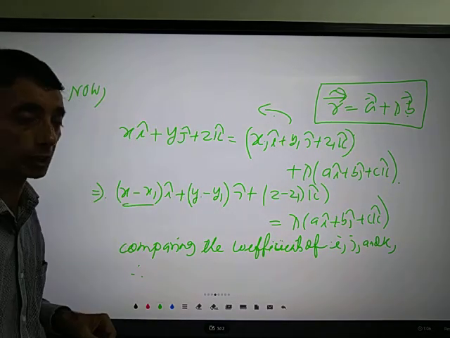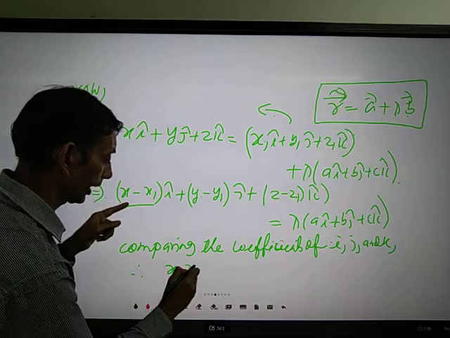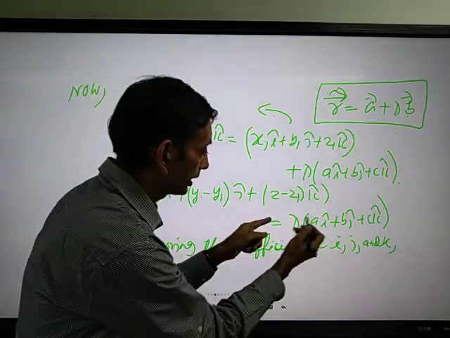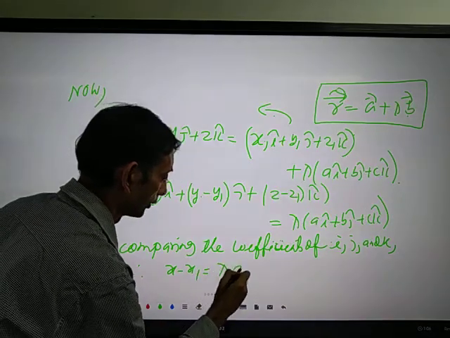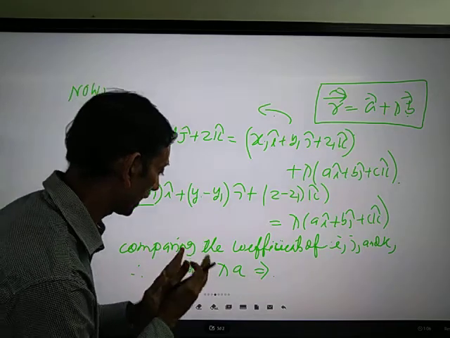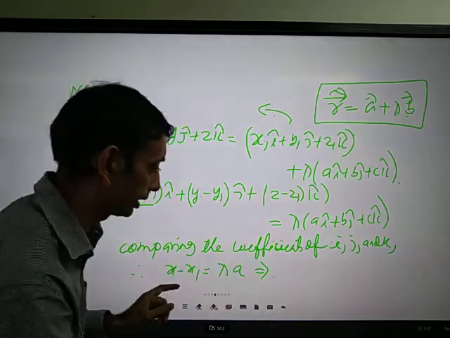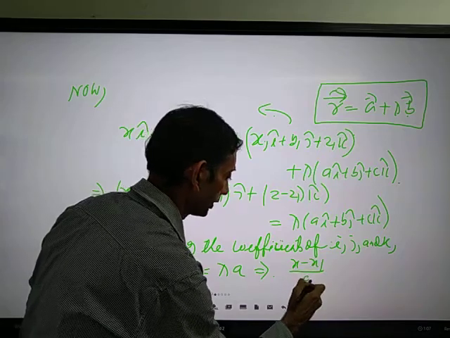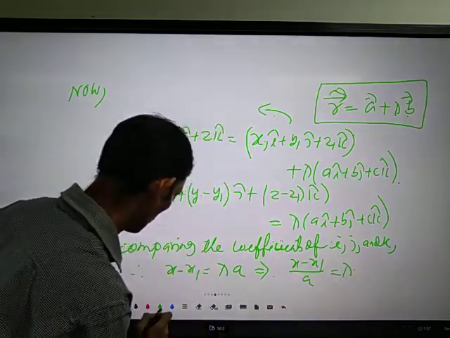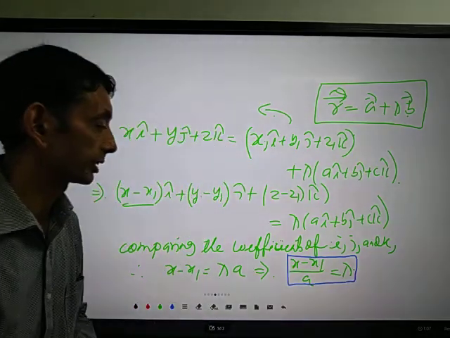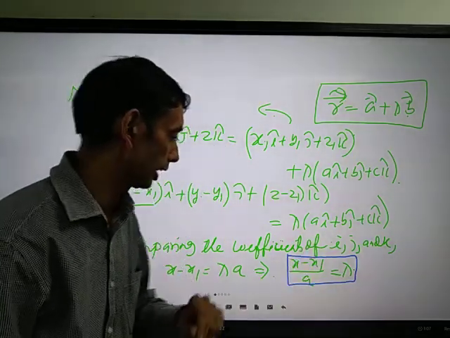If we compare the coefficient of i, we get x minus x1 is equal to the coefficient of i in the right hand side, which is lambda a. If we write this expression in terms of lambda, it gives us (x minus x1) upon a equal to lambda. So let us note this down: x minus x1 by a equal to lambda.